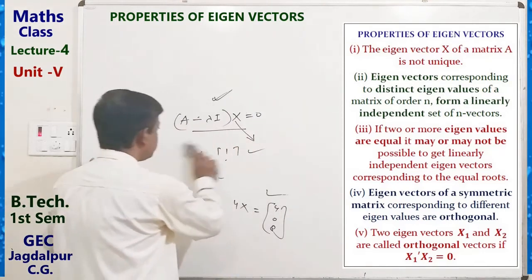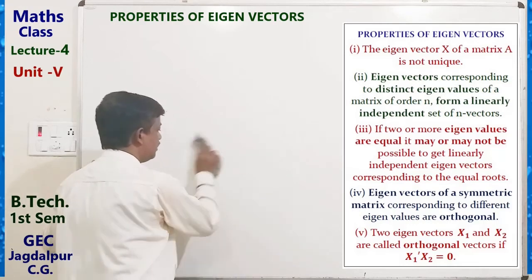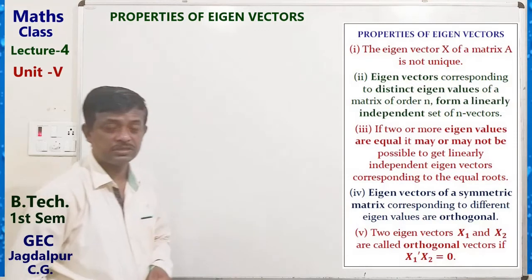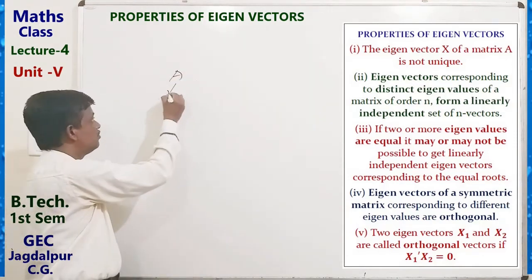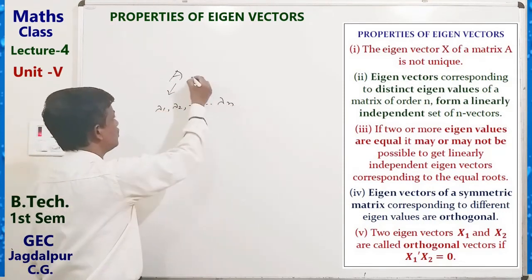Secondly, suppose A is an nth order matrix with eigenvalues lambda 1, lambda 2, up to lambda n.